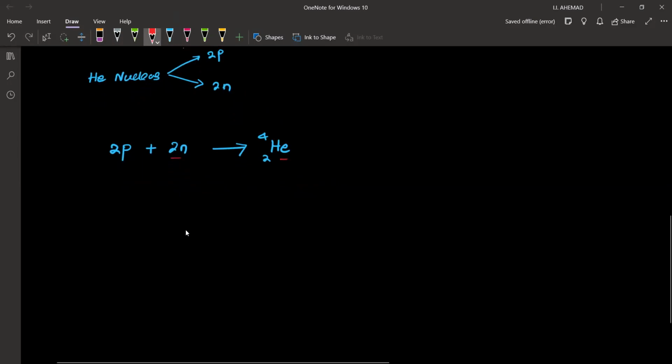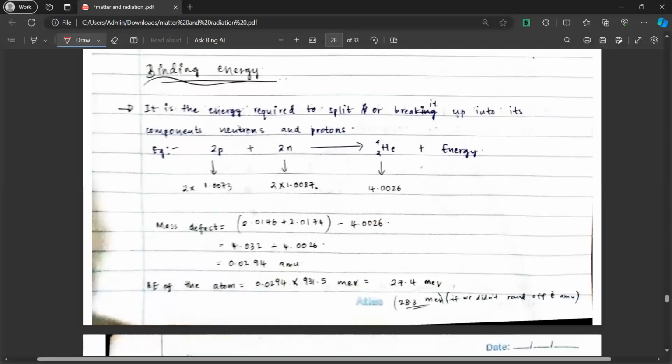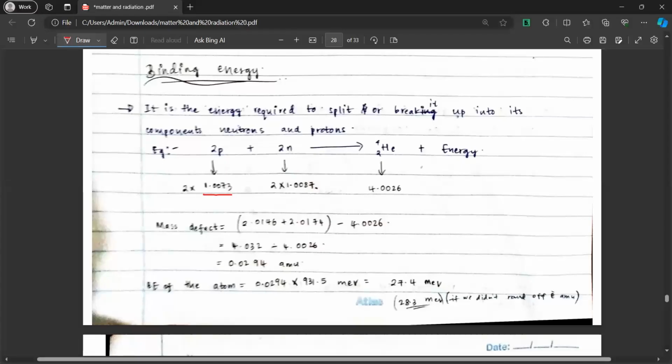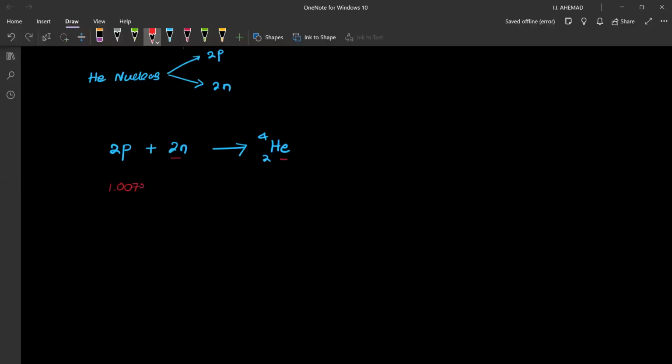So what is the AMU of proton? That is 1.0073. How many protons do we have? We have 2 protons. And how many neutrons do we have? We have 2, and that is in AMU 1.0087.